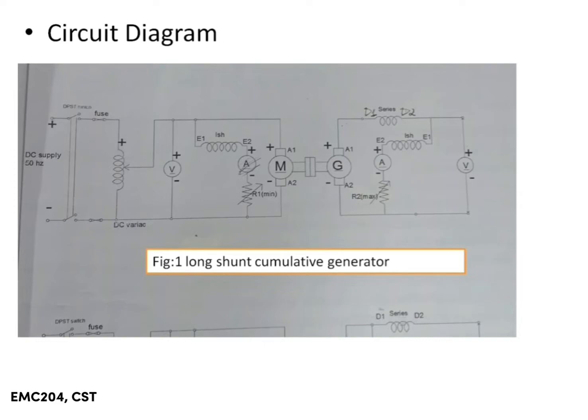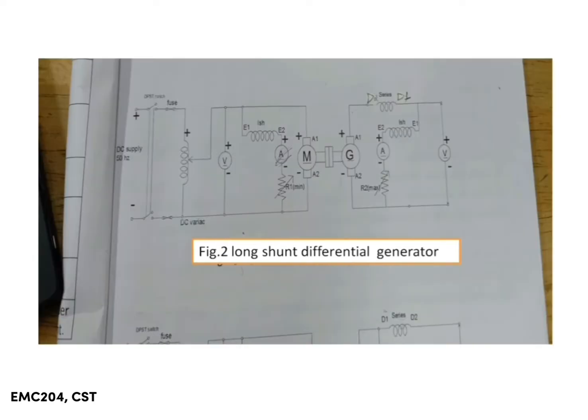And this is the circuit diagram of long shunt differential generator. The only difference between the long shunt cumulative generator and the long shunt differential generator is the positions of D1 and D2.